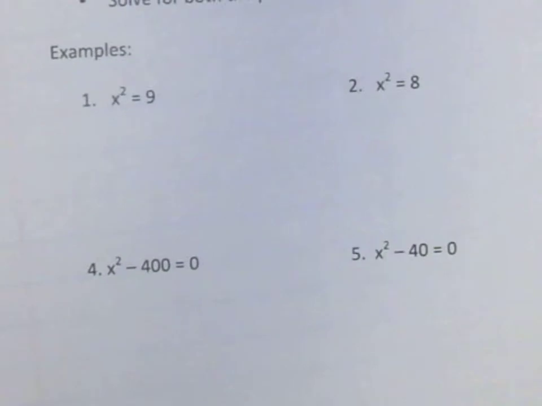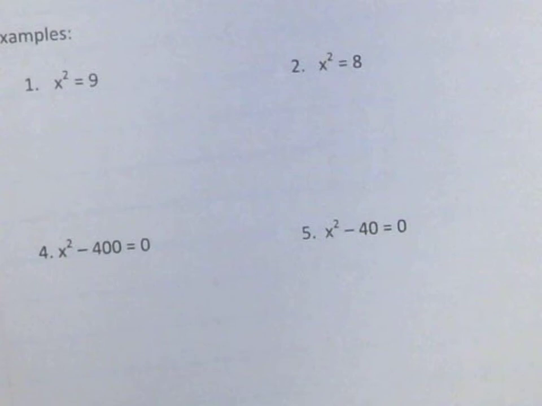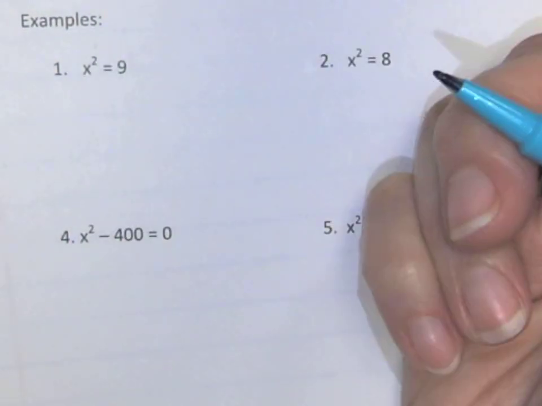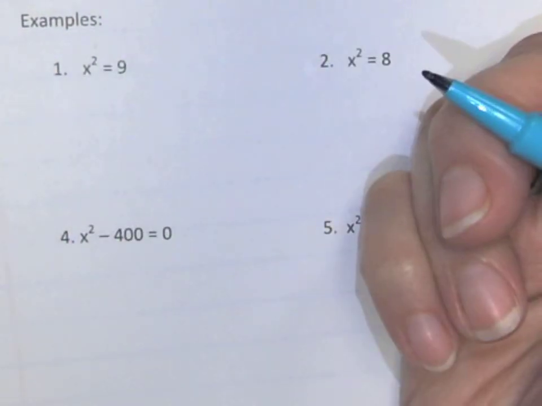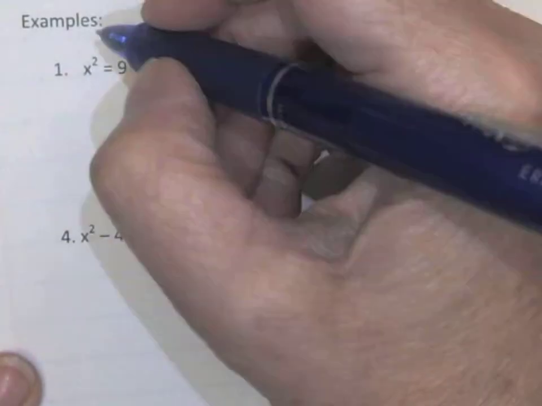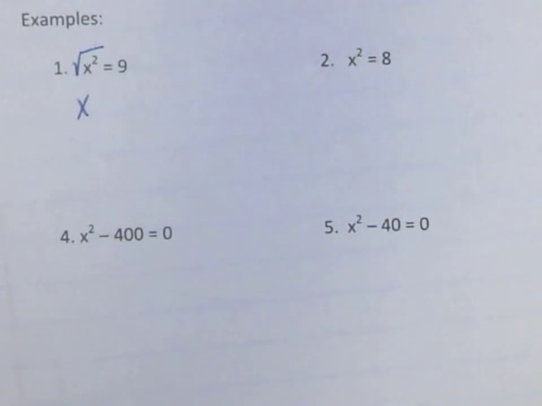We'll start off with an easy one. Now you could do this one in your head. If x squared is 9, what number times itself is 9? Well, it should be 3 or negative 3. But let's see how we would solve it algebraically. The way you would solve it algebraically is take the square root of x squared to get x. But what you do to one side of the equal sign, you must do to the other. We've worked on that ever since we've started solving equations.